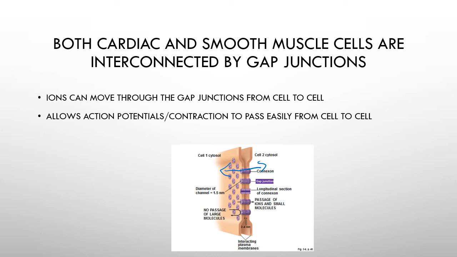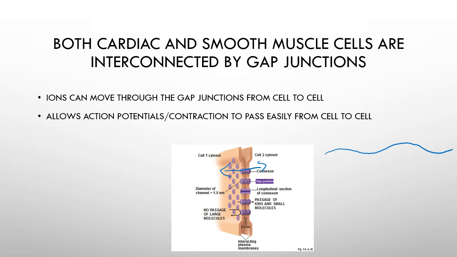The gap junction allows these small ions to make their way through, and they're able to move from one cell to the next. When it comes to things like peristalsis, we can literally see a wave of contraction and relaxation along the muscle itself, all throughout the pathway of the muscles that are in there.